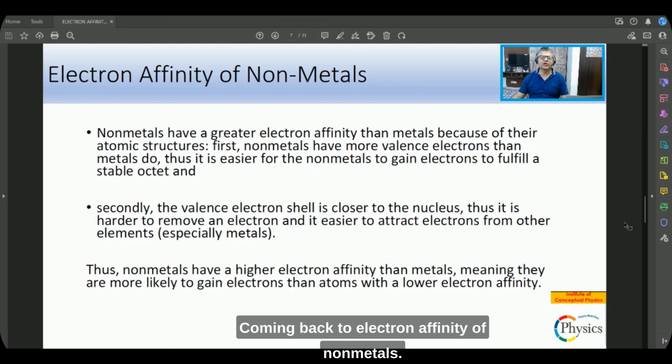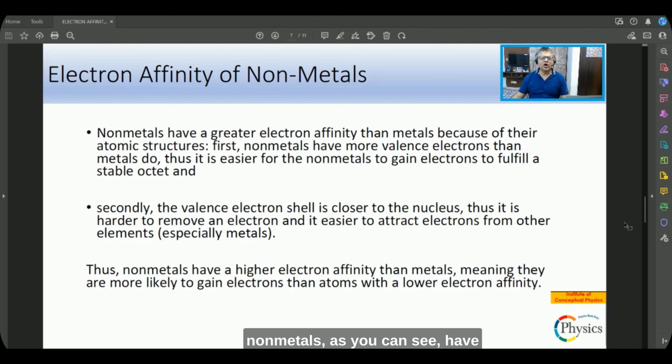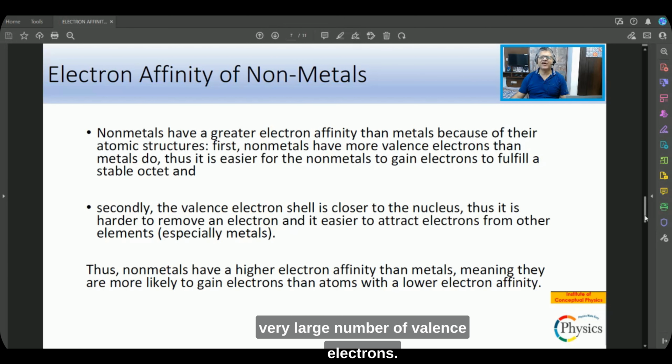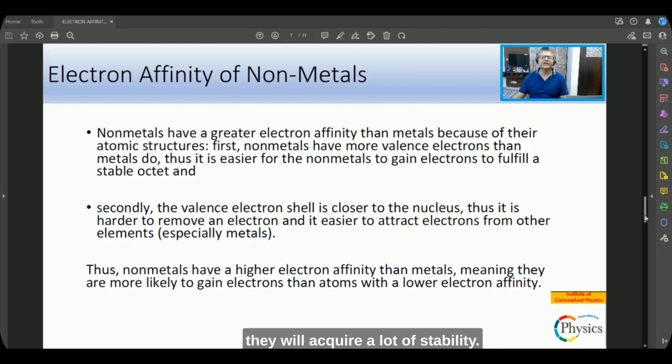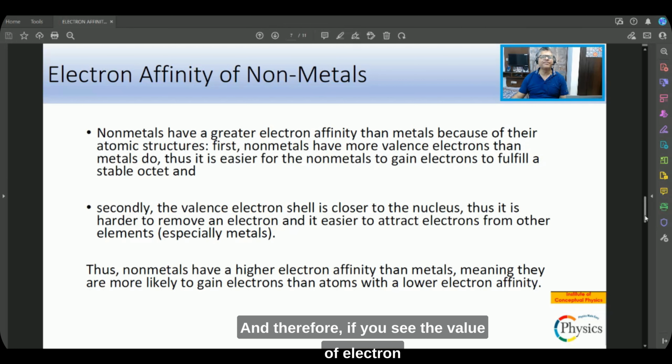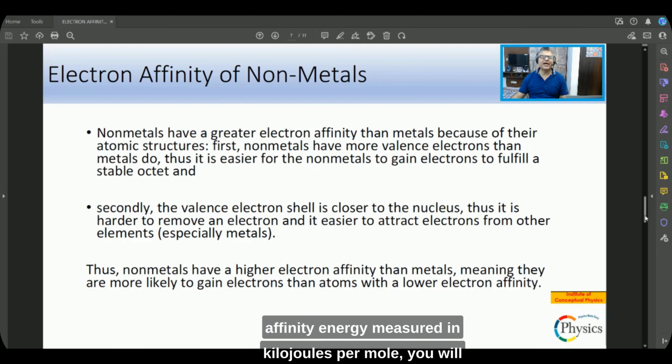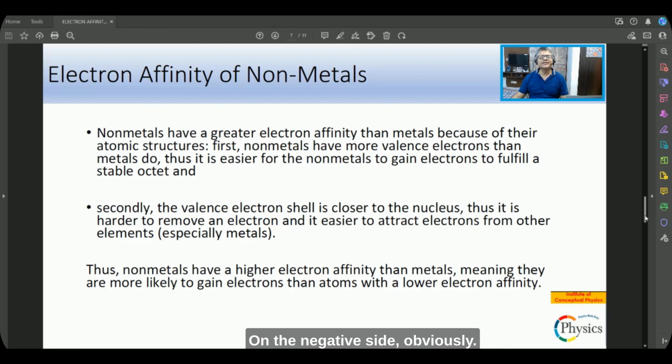Coming back to electron affinity of nonmetals. Non-metals, as you can see, have a very large number of valence electrons, and if they accept one or two electrons, they will acquire a lot of stability. And therefore, if you see the value of electron affinity energy measured in kilojoules per mole, you will realize that non-metals are exhibiting very high values of electron affinity on the negative side, obviously.